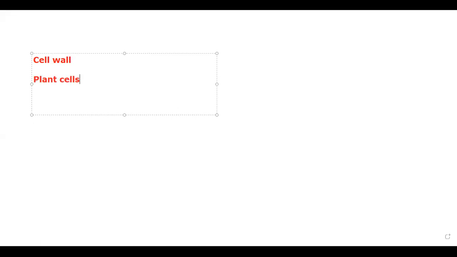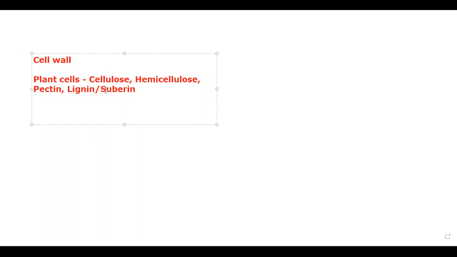Plant cells have a cell wall. In that one, the cell wall will be made of cellulose, hemicellulose, pectin, lignin, or suberin like materials.